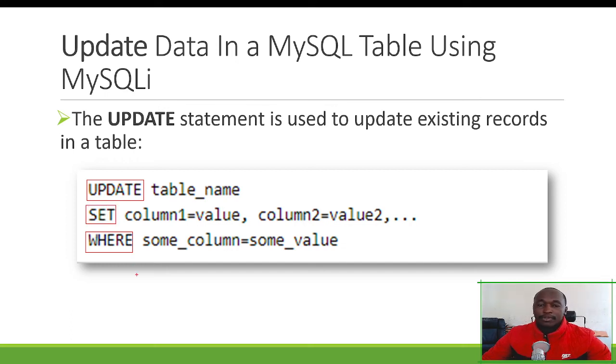Of course, when you're updating, you want to change some value, so you have to use SET. So you write UPDATE some table, then SET some column to some new value, comma, some other column to some new value, WHERE ID, for example, is equal to 2.